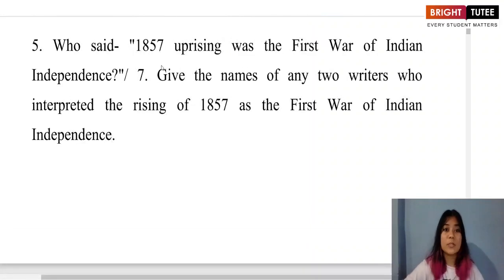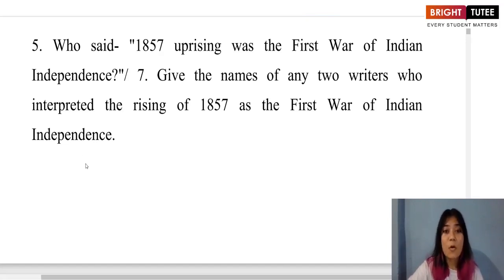The next question, who said 1857 uprising was the first war of Indian independence, or give the names of any two writers who interpreted the rising of 1857 as the first war of independence? So these are the two questions which you'll find in your question section. Both of them are the same question. That's why I've put them together, so that we answer them at once.